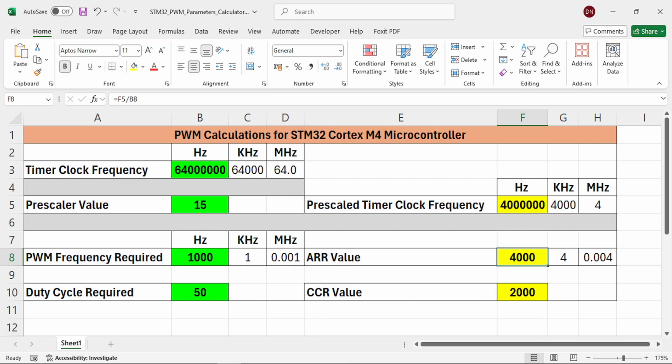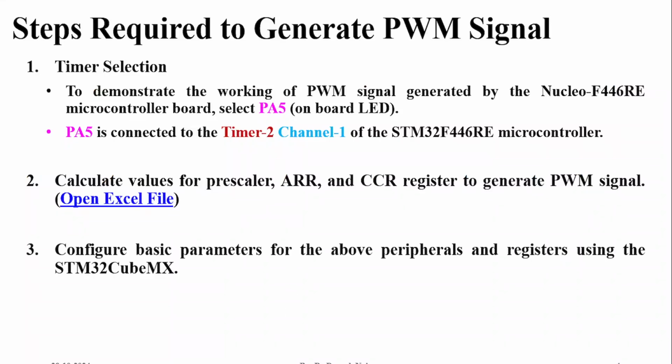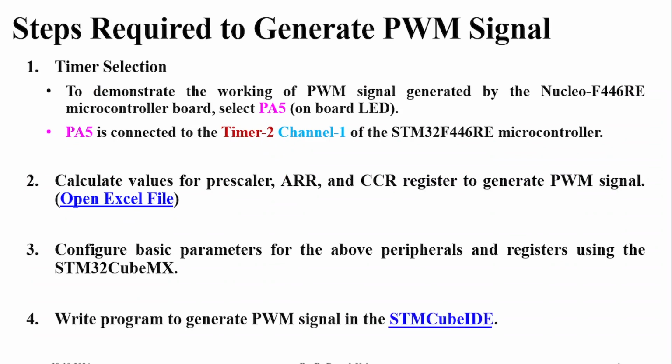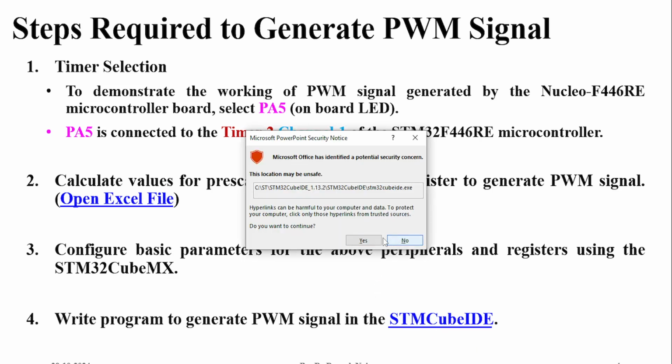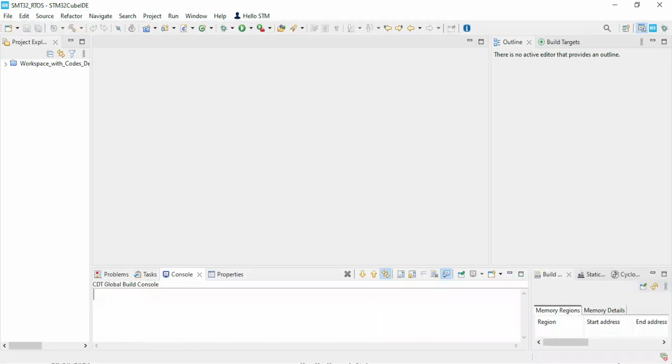Now coming back to the presentation. Next, we will have to configure the CubeMX, and then later we can write our code. So let us go to the CubeMX IDE and configure all the required CubeMX parameters, and then we will write the code in the CubeMX IDE.